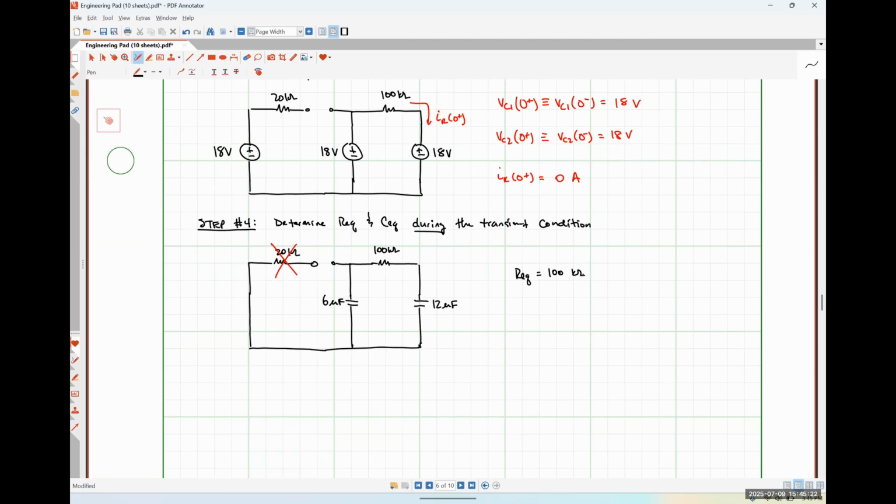Okay, so since we know that REQ is 100 kilo ohms, our CEQ is going to be the Thevenin equivalent capacitance, essentially, seen by REQ. So if we take this 100 kilo ohm resistor out, leaving behind an open circuited set of terminals, what capacitance do we see?